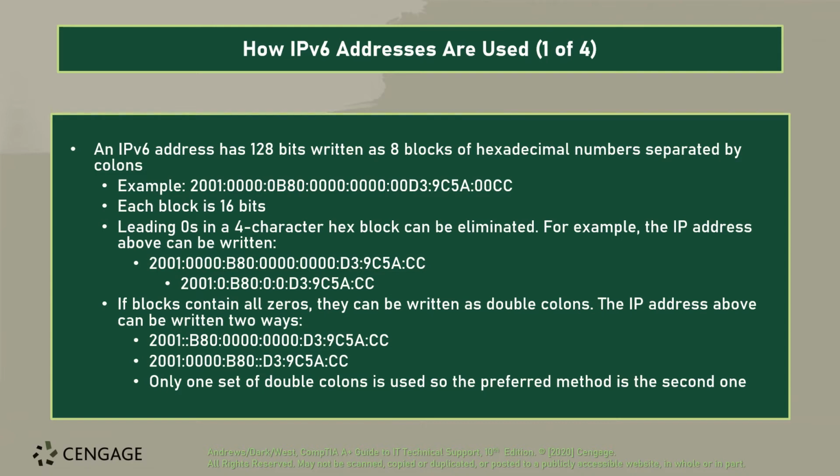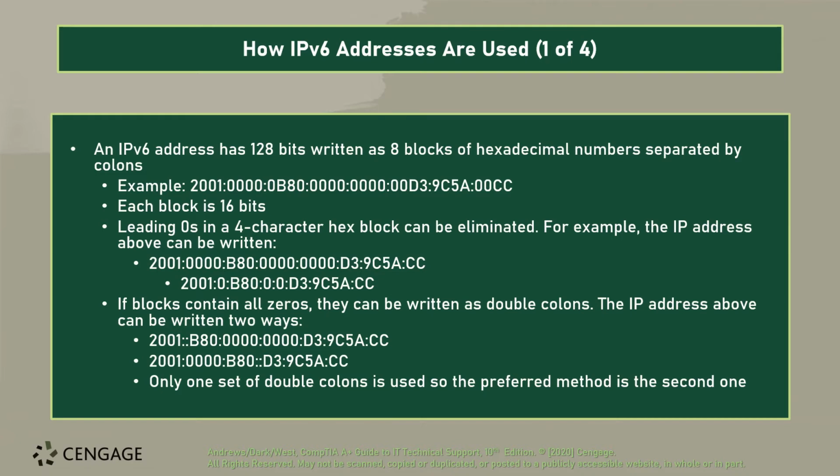We can also perform what's called compression based on 2 rules. If we have a leading 0, meaning that in the second block there we have all zeros, and in the third block we have a 0 in front of the B, there is no difference in their magnitude if we remove all the extra zeros from the front. Now, certain businesses, certain companies, certain organizations, Cengage included by the structure of this, do not like writing a compressed 0 block in this way.